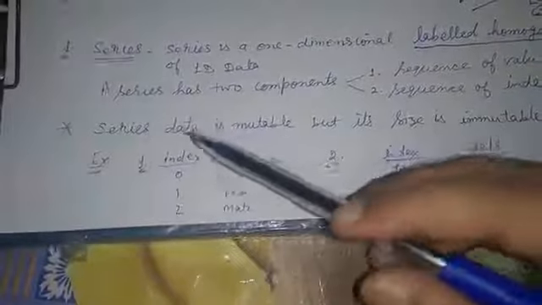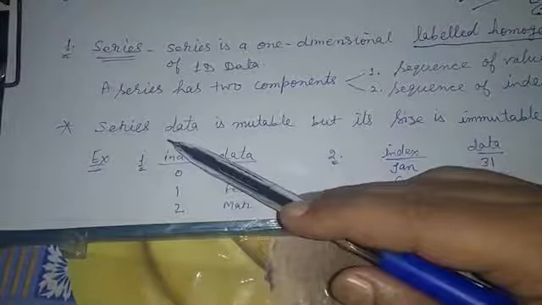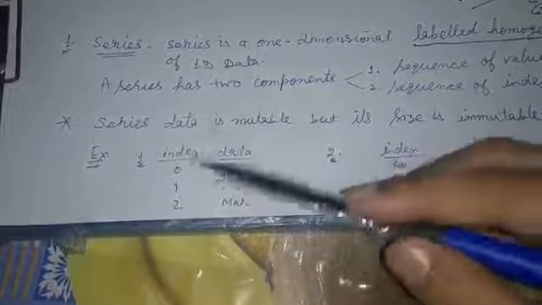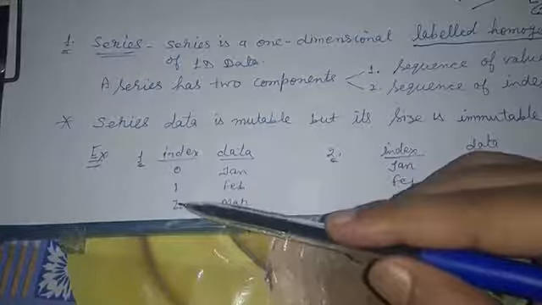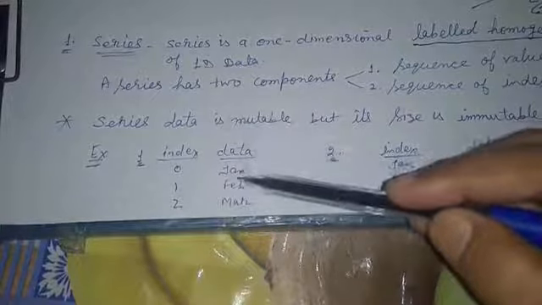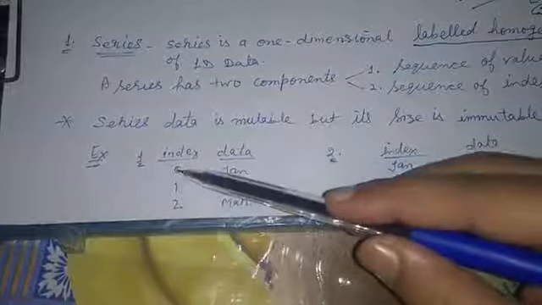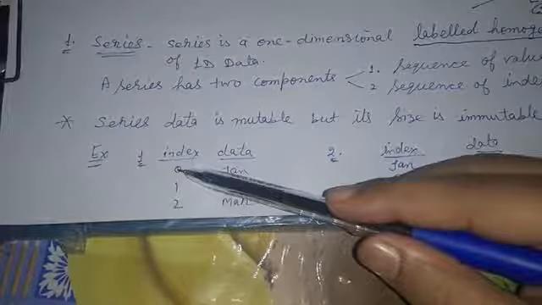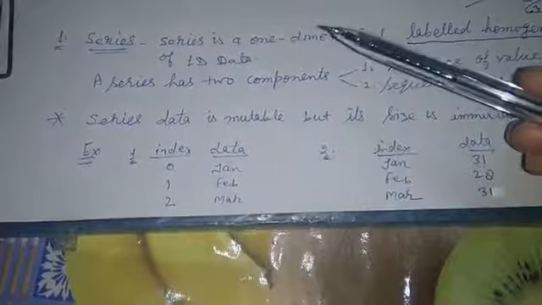Let's take an example of series. Number one, if we omit the index argument and provide only the data to the series, then it will automatically index this data through the default indexing system 0, 1, 2 and so on.